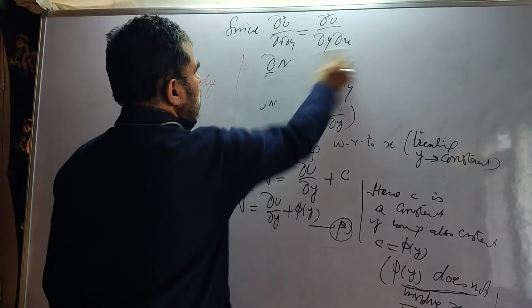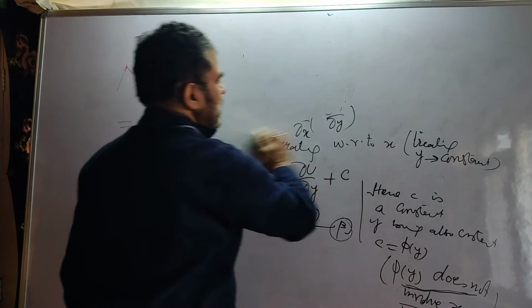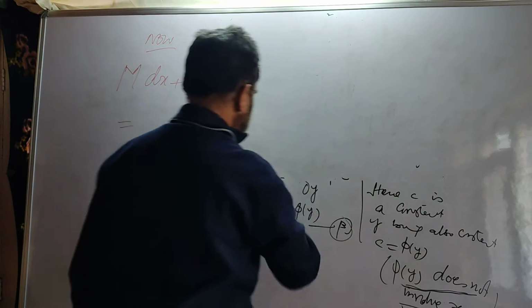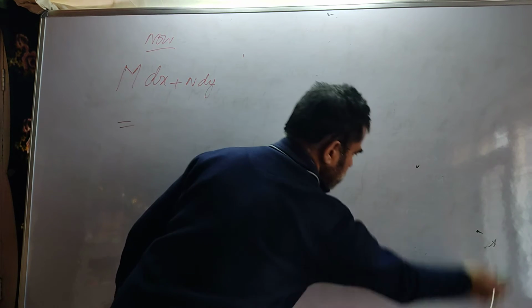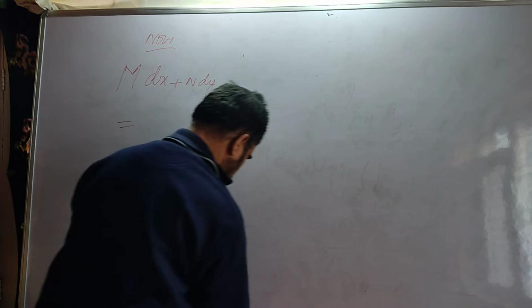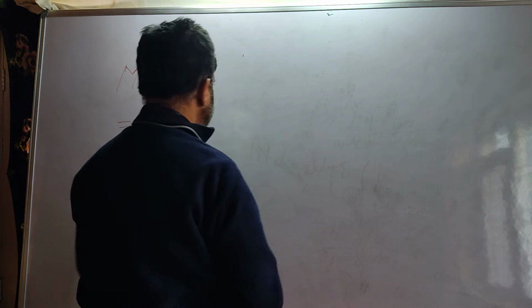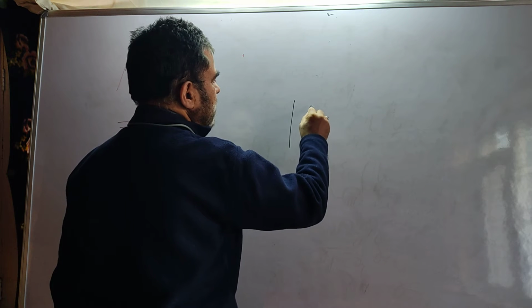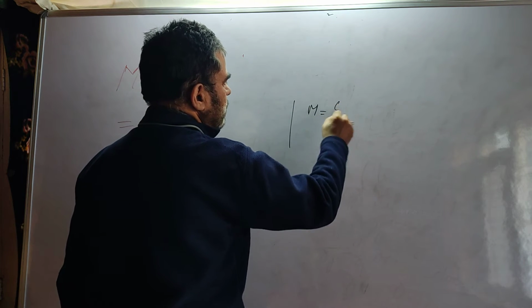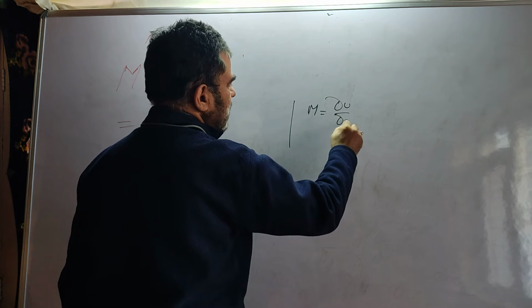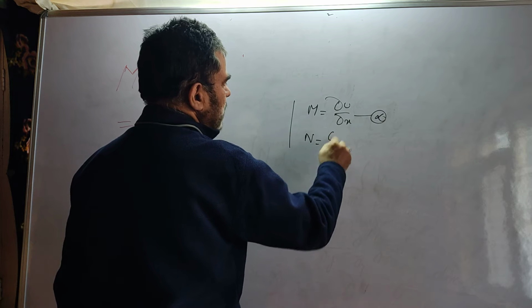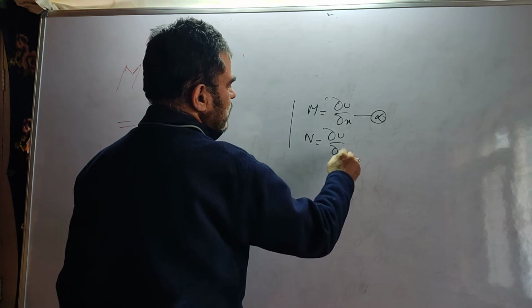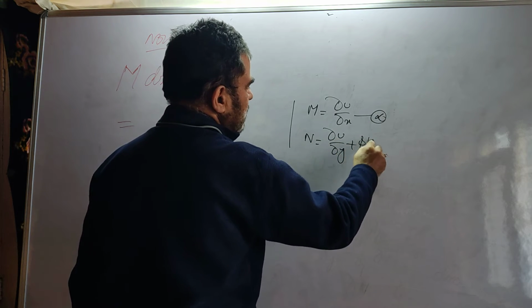I will use the values alpha and beta. What was your alpha? You remember? Your alpha was m is equal to partial of u with respect to x. This was your alpha. And n is partial of u with respect to y plus some function of y.